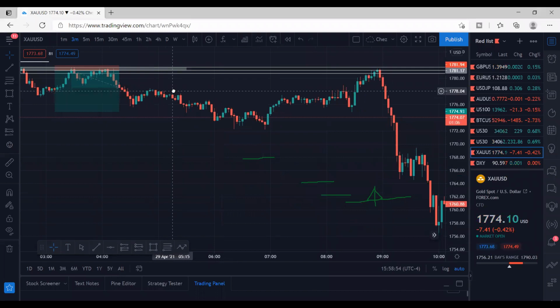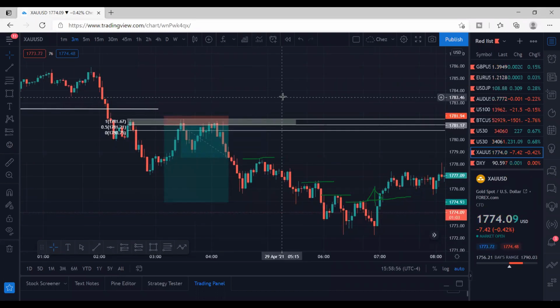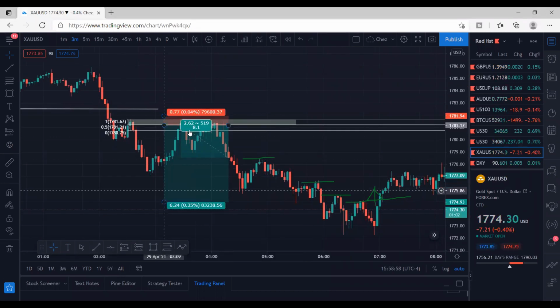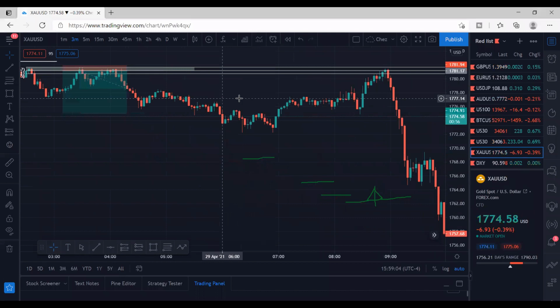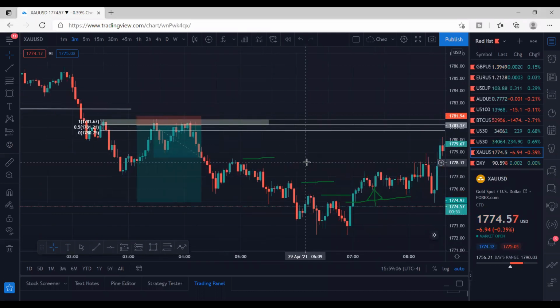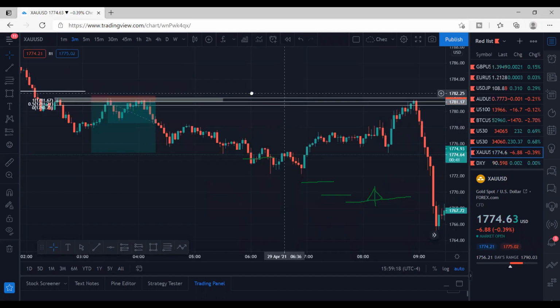Now generally the more price comes back and plays with this supply zone right here, the weaker it is. To me, 2 to 3 touches is okay, but anything over that, you're asking to get stopped out, because it already formed right here. You have 1, 2, and you have 3 touches.